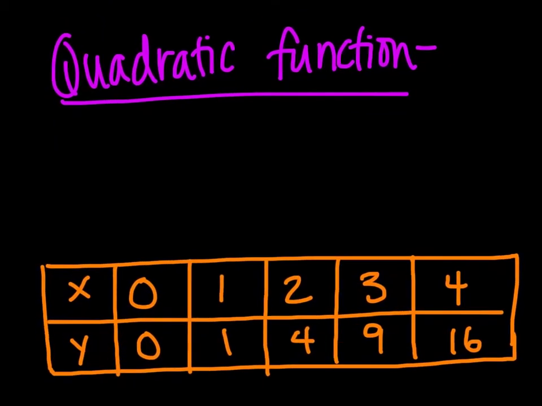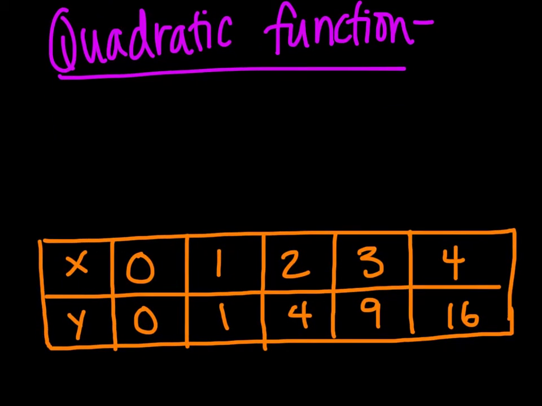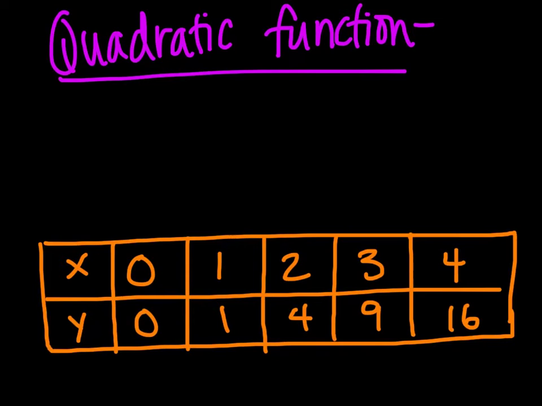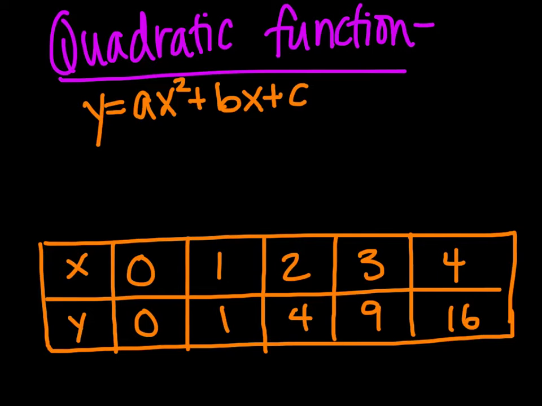What is exactly a quadratic function? Well, a quadratic function is something that can be written into this form. We have y is equal to ax squared plus bx plus c, where a, b, and c are real numbers, not imaginary, so you won't have the square root of -1 for a.